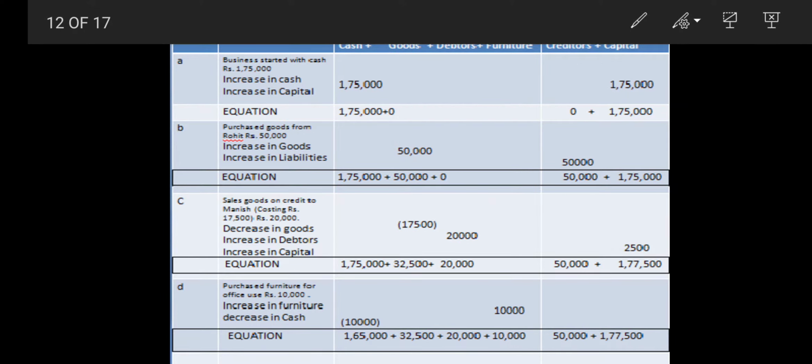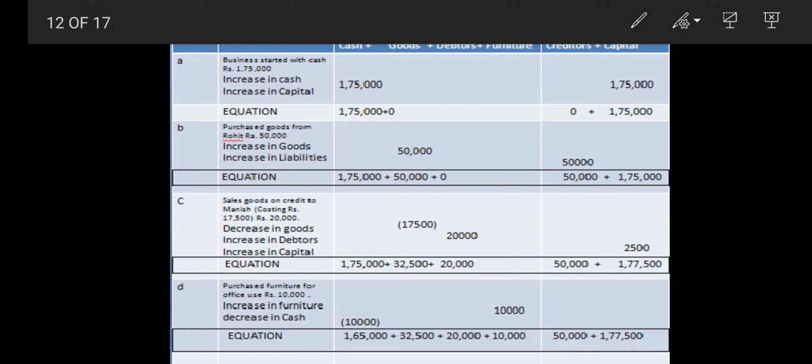In the next transaction, sales of goods is done on credit to Manish, costing 17,500, for rupees 20,000. That is, they are selling goods of 17,500 to Manish on credit, right? So when there is a sales factor, it will always be debtors.